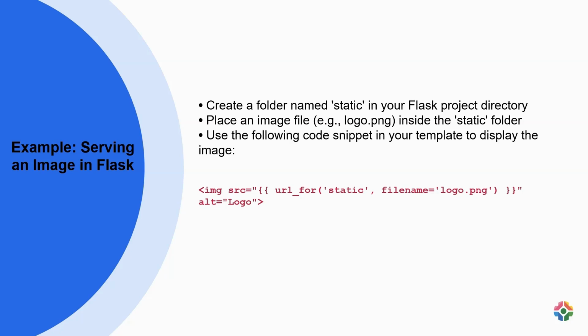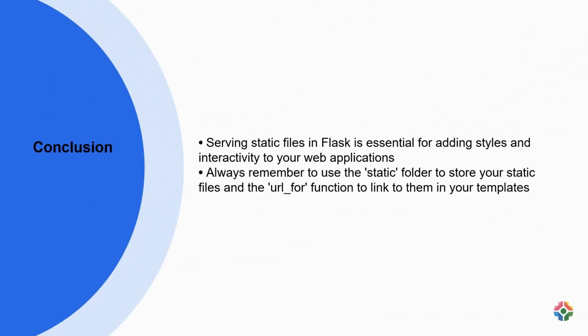When developing web applications in Flask, it is crucial to serve static files to enhance the visual appeal and user experience. The static folder should be utilized to store CSS files, images, and JavaScript files that provide styles and interactivity. By using the url_for function in templates, linking to these static files becomes simplified.